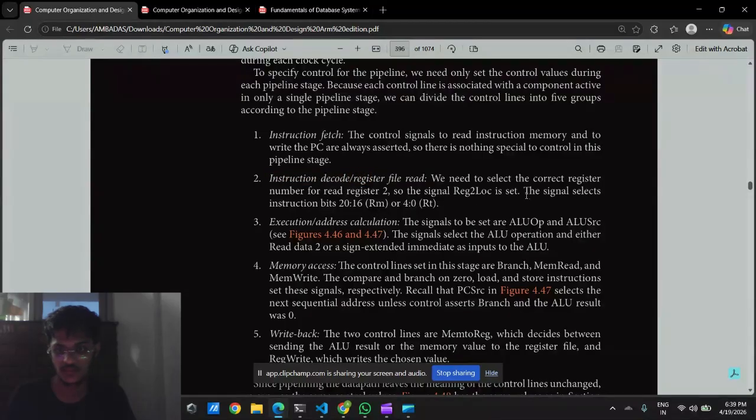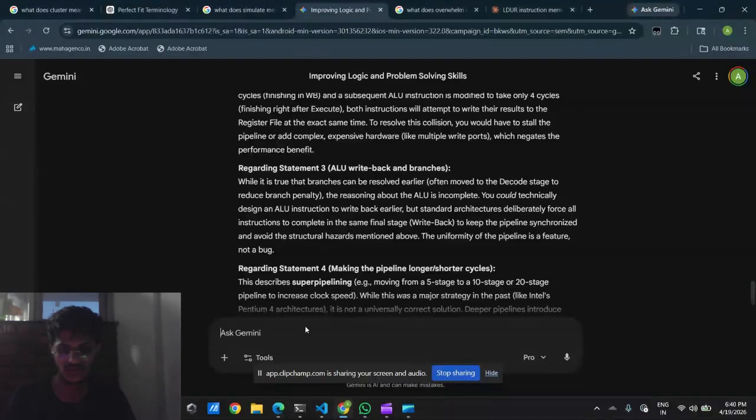Next, the signal selects instruction bits, or this 0 to 4 RT, which is for R type instructions. If I am right, let's verify it with AI.